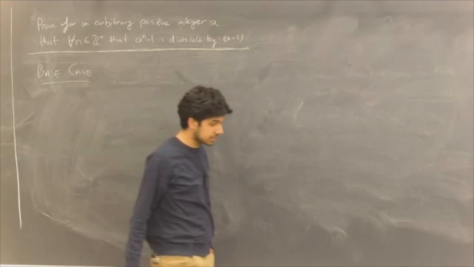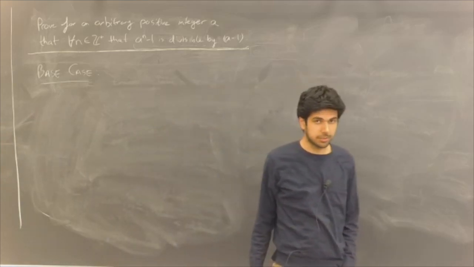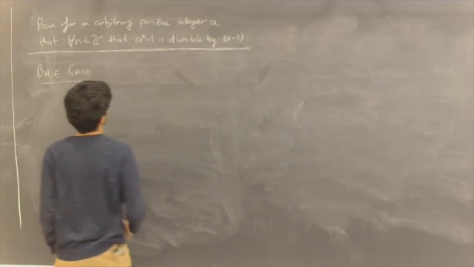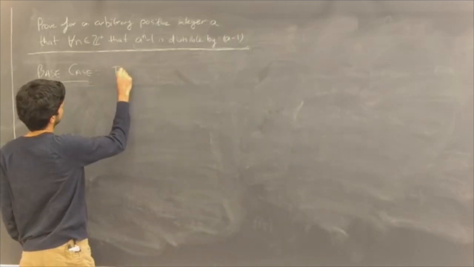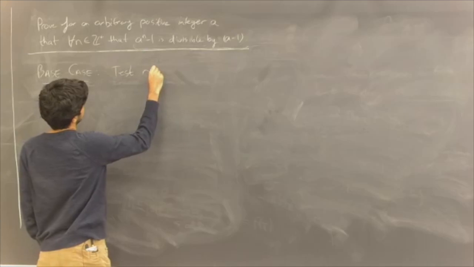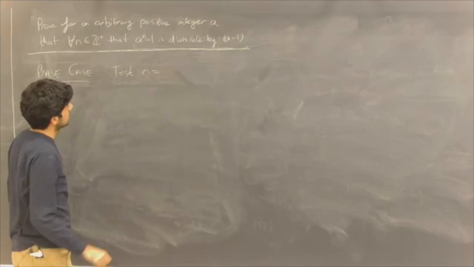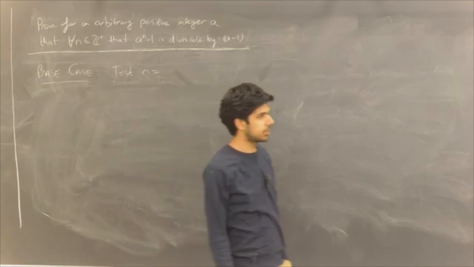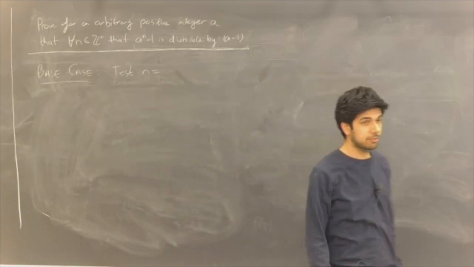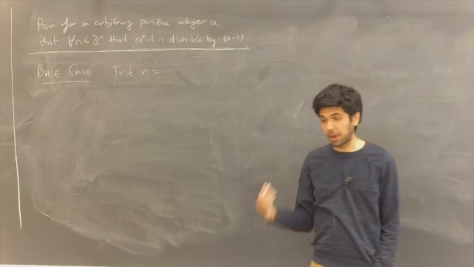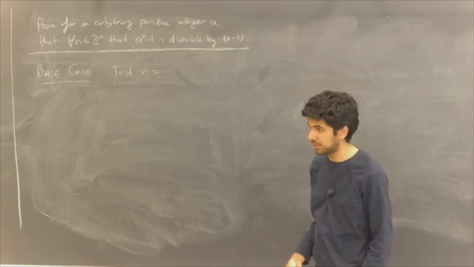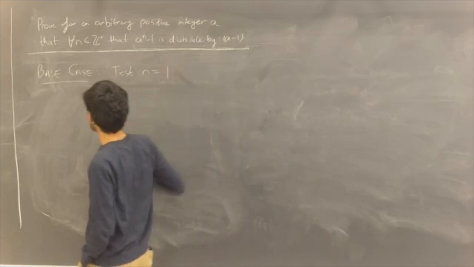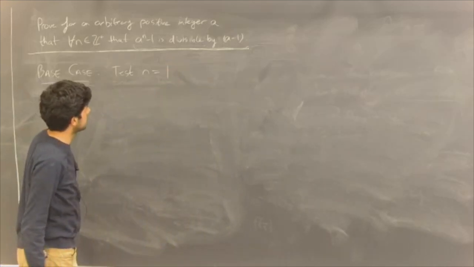So in the base case, we show that the claim is true for the smallest value of n. So we're going to test n equals something. What is the smallest possible value of n in consideration? Well, if we're showing something for all positive integers n, the smallest value of n is 1. So we'll test n equals 1.